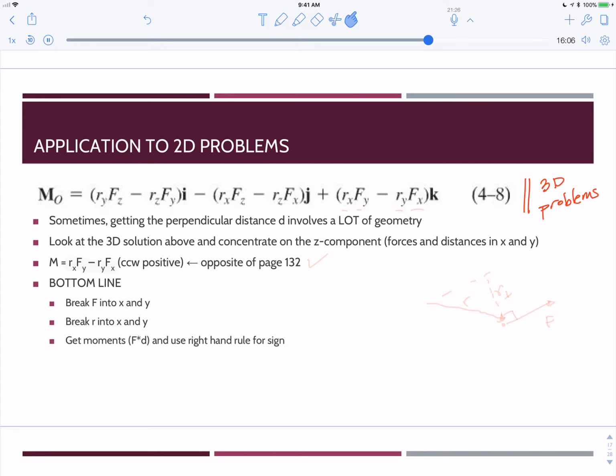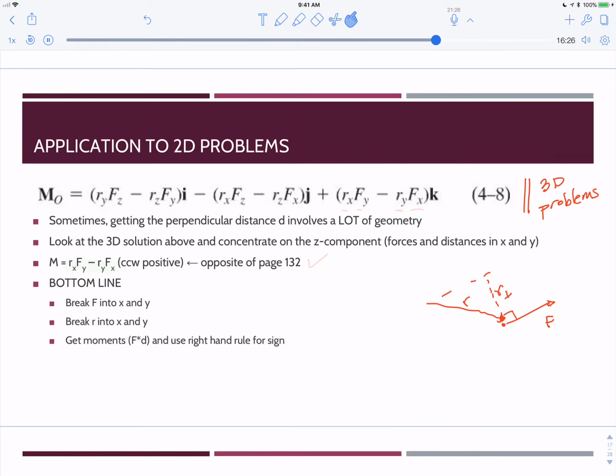Sometimes getting the perpendicular distance, so you're given F, and you've got this weird R, and you're trying to figure out that distance there, R perpendicular, is not the easiest geometry problem in the world.